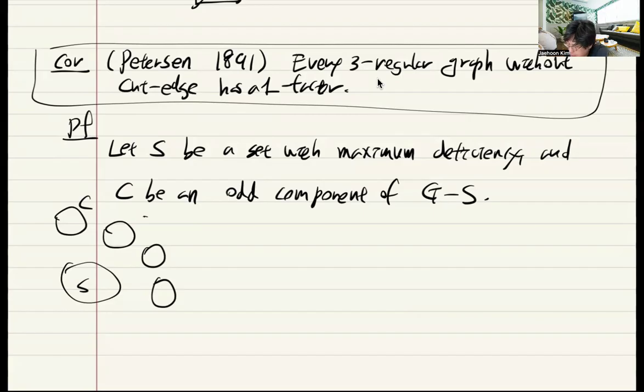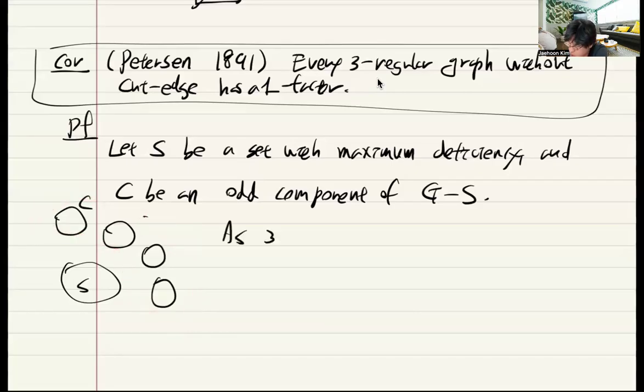We have 2 conditions, 3 regular and no cut edge. What we get is information about the edges between the component and S. That will give us the information about the number of odd components here.